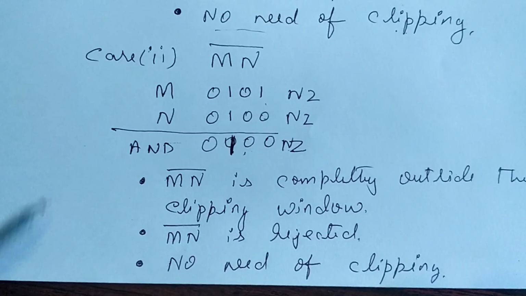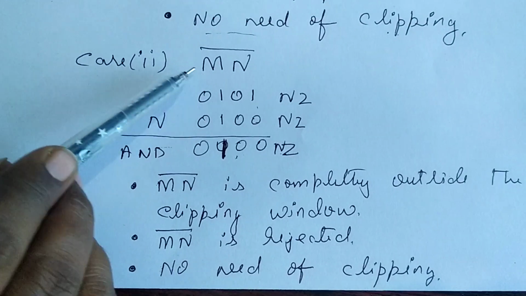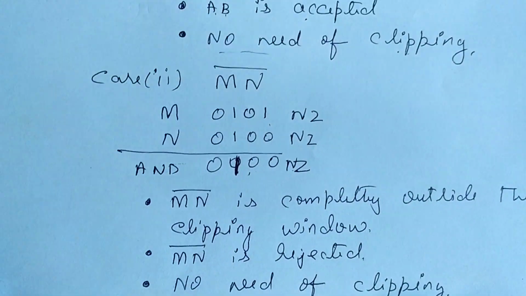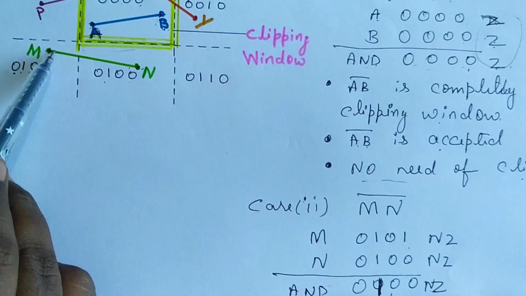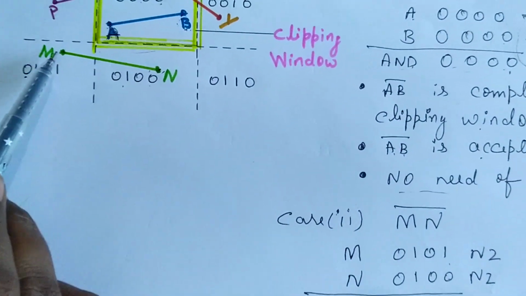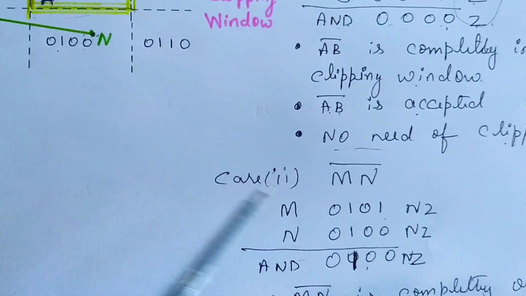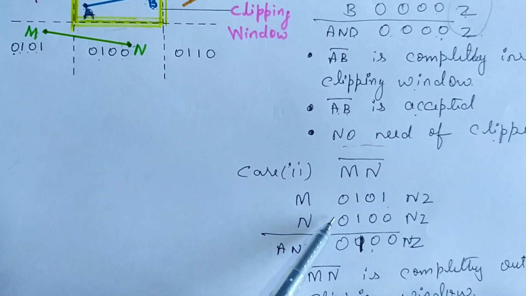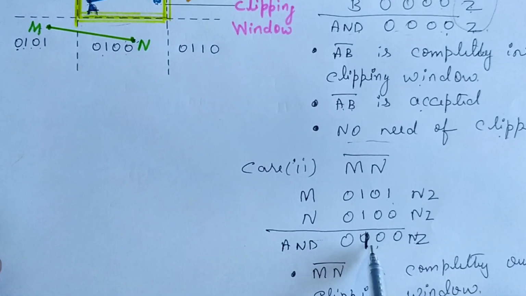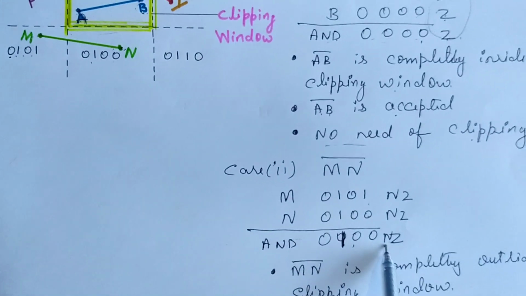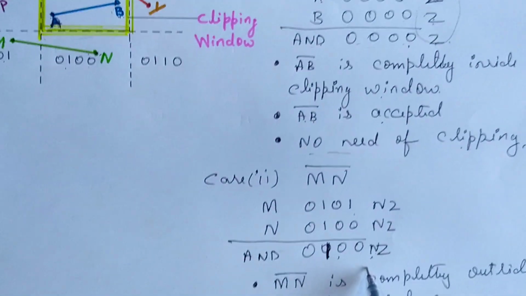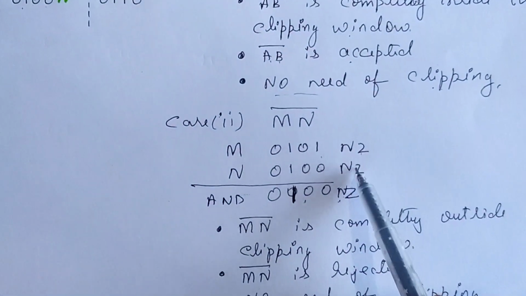So we'll recall case 2 again. We have written about the line segment MN. You can observe the line segment MN in this coordinate system. The region code of M and the region code of N are written here. After that, we performed the AND operation as per the algorithm. After the AND operation, all these three are non-zero.